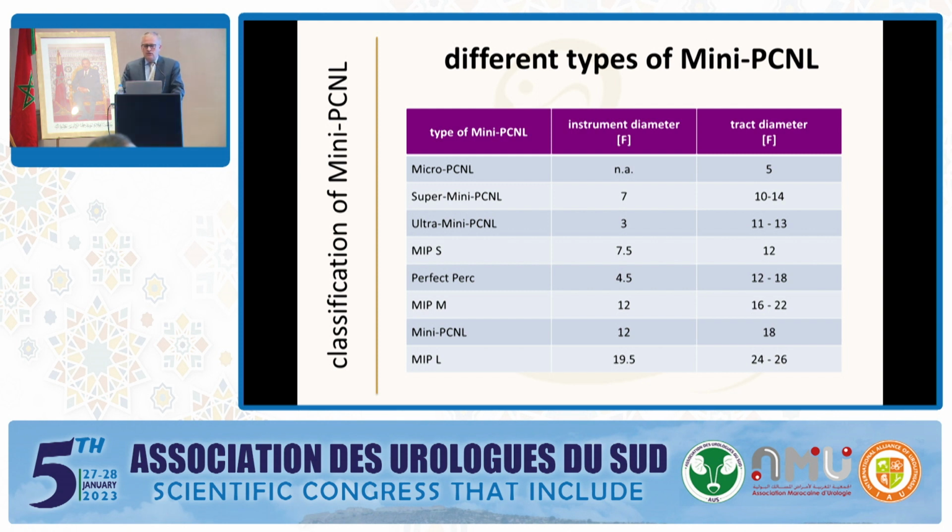This table also shows that some instruments, for example the perfect PERC, is available with one instrument diameter, which is very small, in combination with different Amplatz sheath. Therefore, the classification of mini PCNL is really very, very difficult.